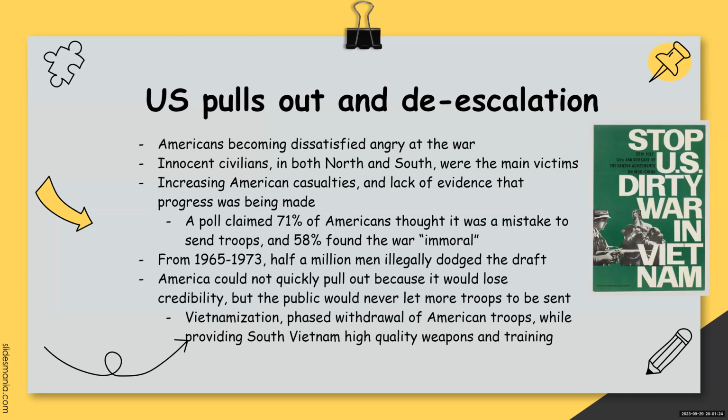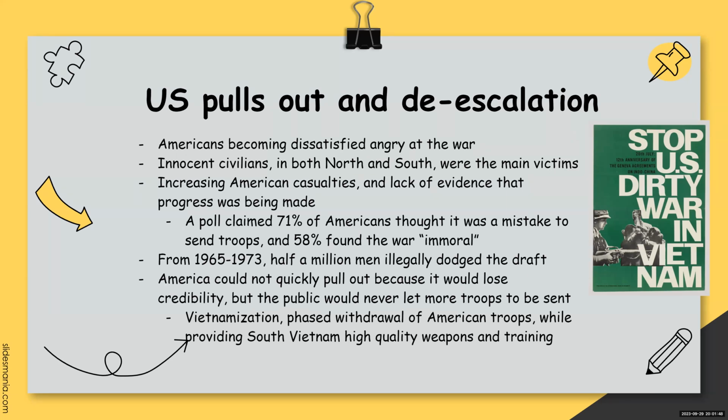And then later in the war, the US pulls out because Americans were becoming increasingly dissatisfied with it. Because they learned that innocent civilians were the main victims of the war. And also because of increasing American casualties, combined with a lack of evidence that any progress was being made.